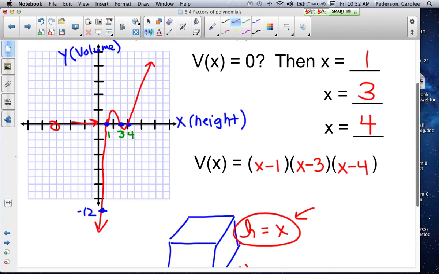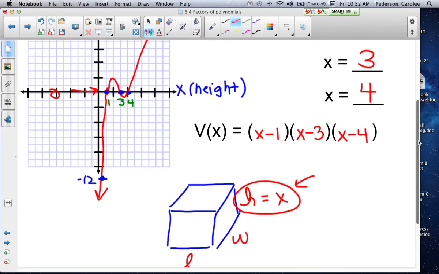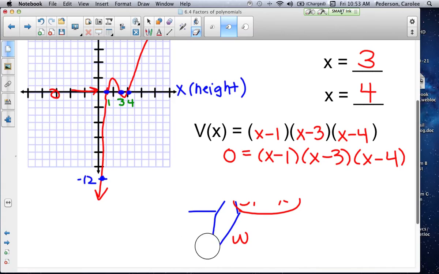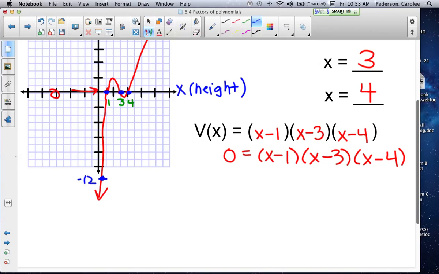The reason why that is, if I think about that in factored form, and I set this equal to 0, and I solve it for x using the zero product property from earlier in chapter 5, the zero product property says I would set each of those factors equal to 0 and solve for x, which would then be my x-intercepts, or my zeros.